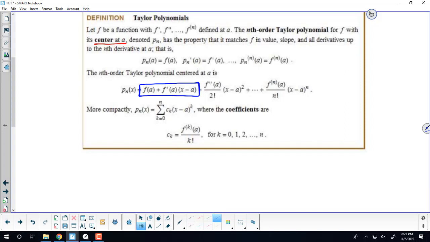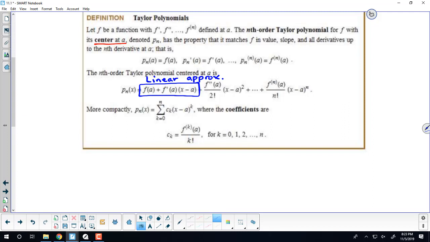We have a quadratic, then another, then another, and we'll take that out to n, whatever n happens to be. We could find the 500th order approximation if we wanted to. So there's our linear approximation hiding in it.